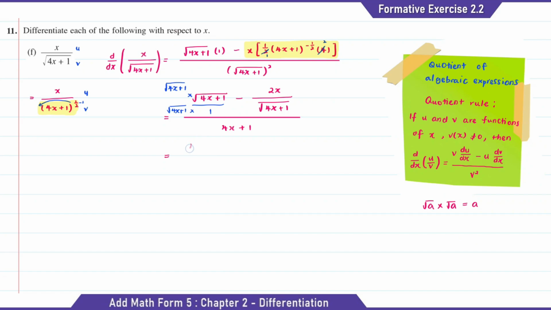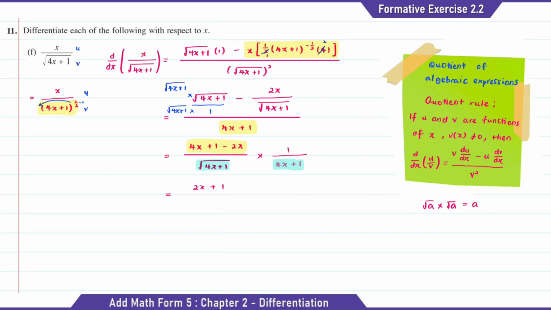So here we're going to get 4x plus 1 minus 2x over square root of 4x plus 1. For the part divided by 4x plus 1, I can write this as 1 over 4x plus 1. Solve this part, then we're going to get 2x plus 1.